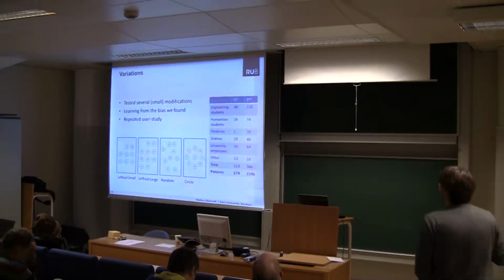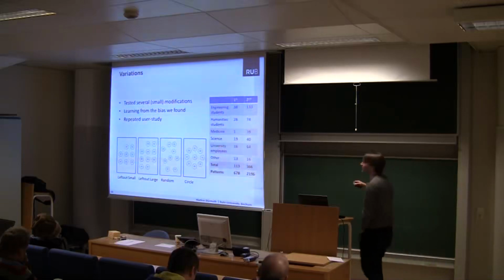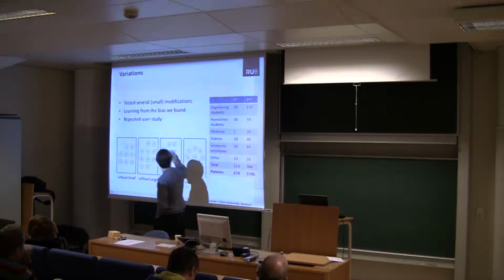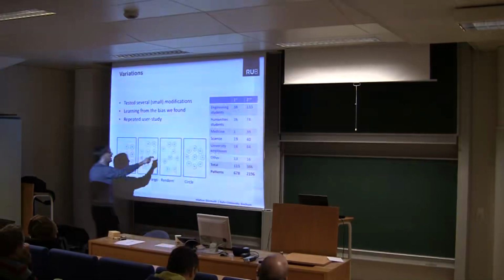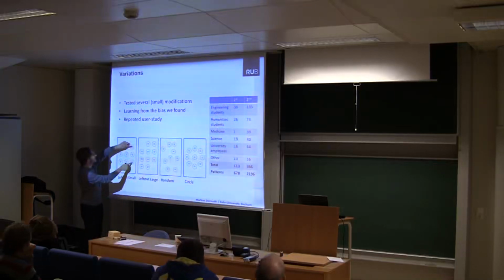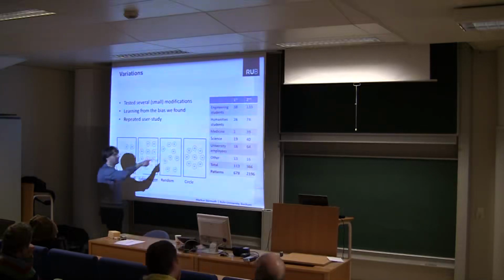On the other hand, in the random arrangement there are also more neighbors and more nodes are reachable. In the random arrangement, every node is reachable. Here, that point is not reachable from that point if this has not been selected before. Here, there's no straight line, so every point is reachable from every other point.